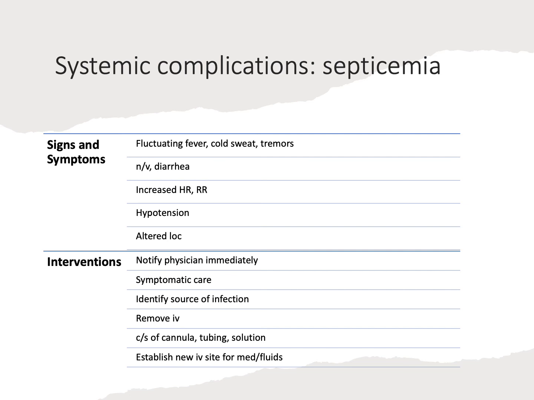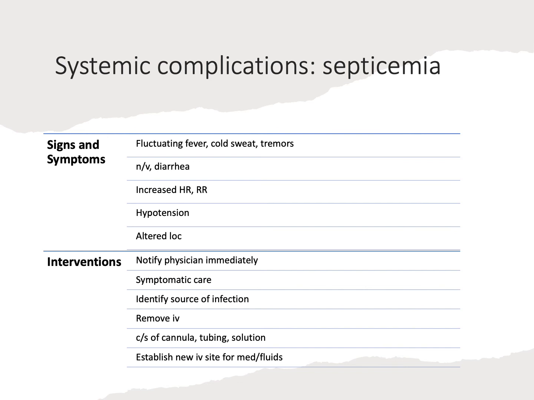Interventions for sepsis, we need to get a hold of a physician ASAP. We need to start intervening with the problems, symptomatic care, try to get to the source of infection, remove the IV. If we're talking sepsis from the IV, we're clearly going to remove it. We would like to get a C&S of the cannula at the lab.